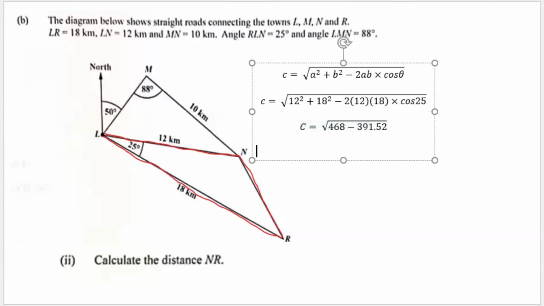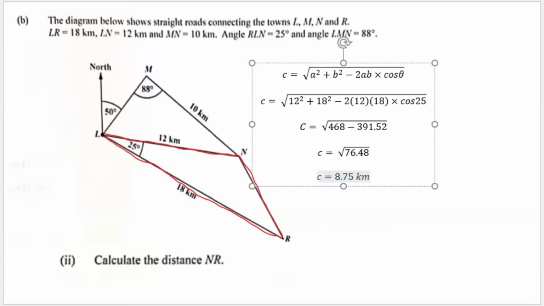Now we can do a subtraction. So C is equal to the square root of 468 minus 391.52, which gives us 76.48. And when you take the square root of that, C is equal to 8.75, and the unit is kilometers.